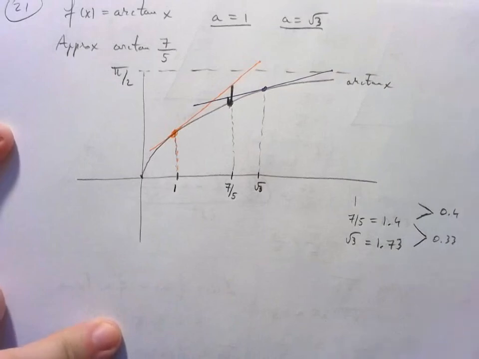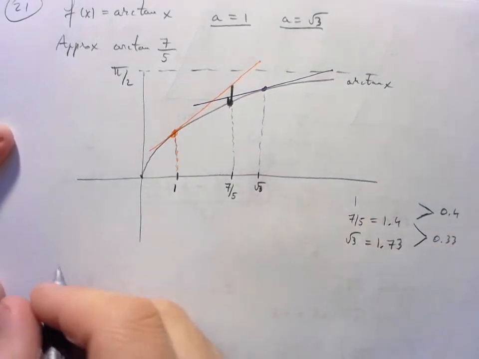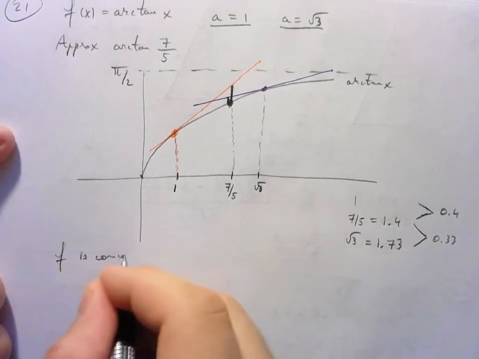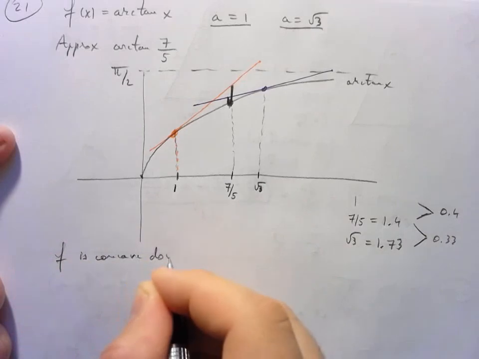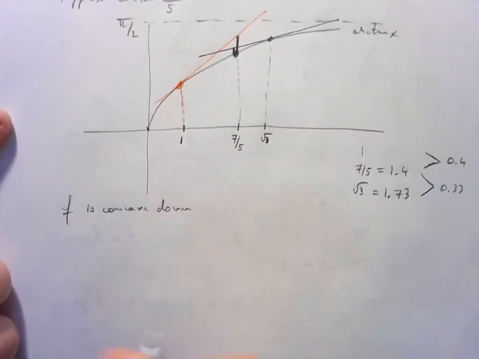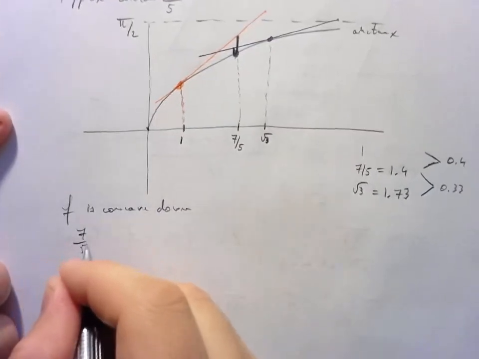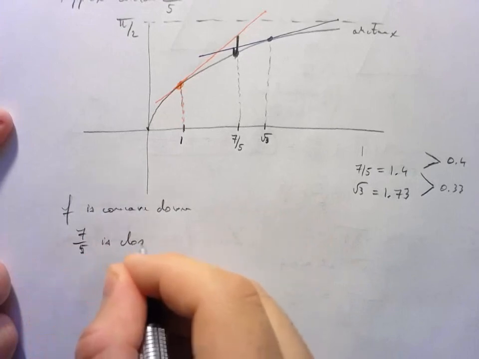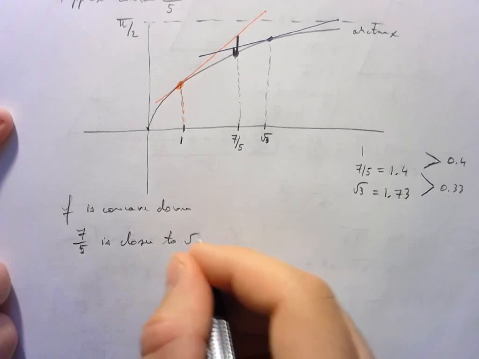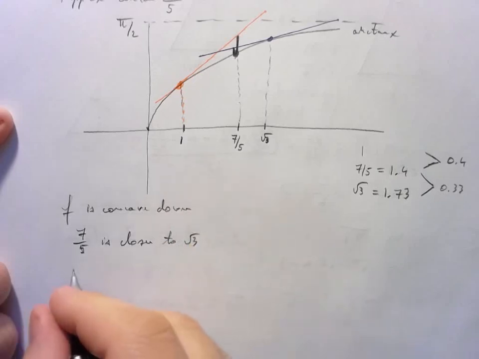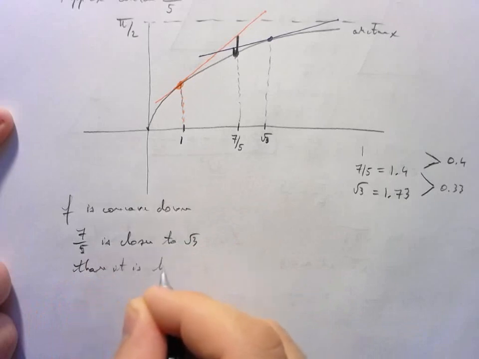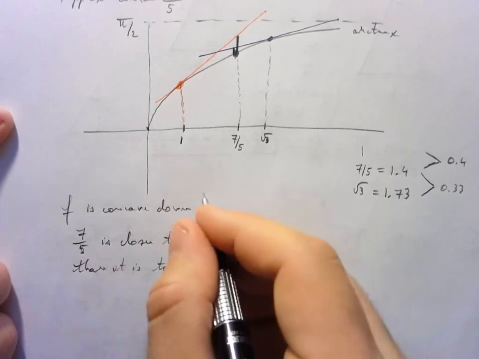It's a little bit faint, but the point is that because this is a concave down function, and 7/5 is closer to root 3 than it is to one.